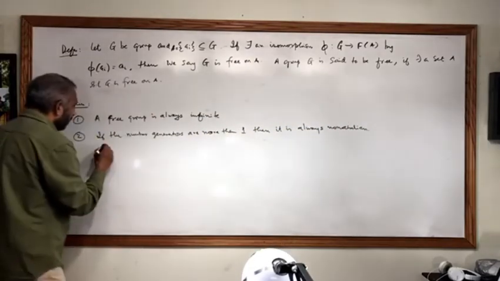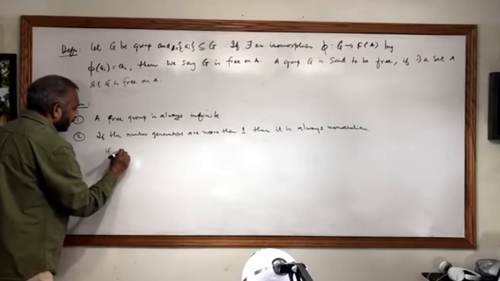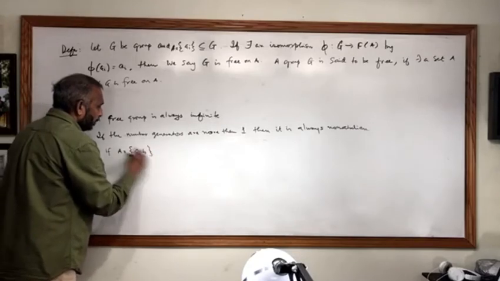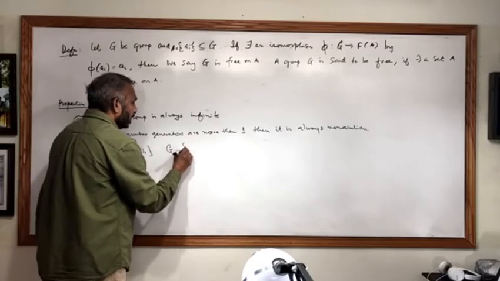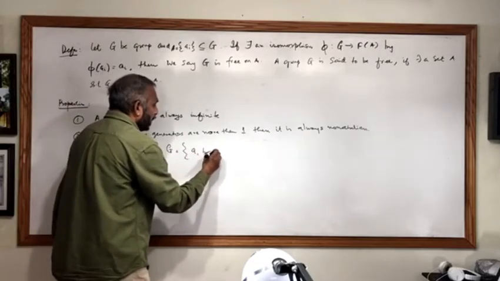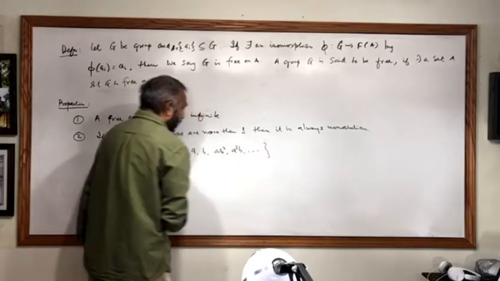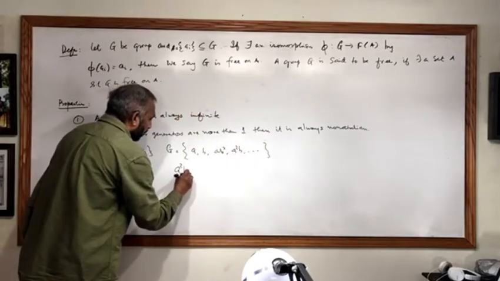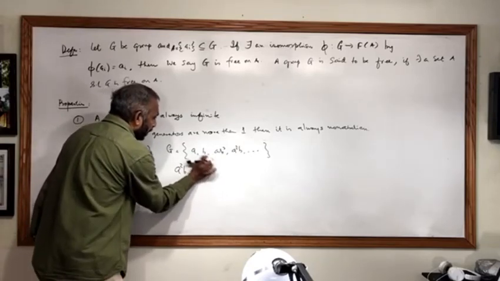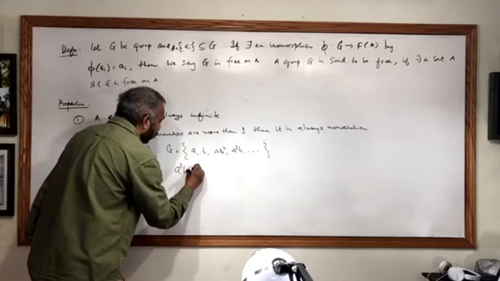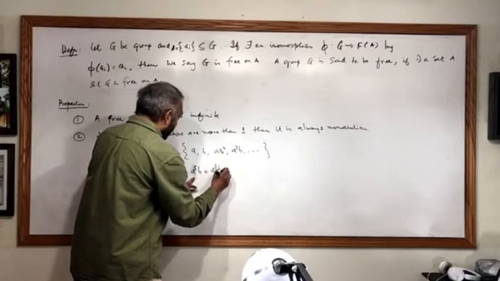Why? Because if A is equal to, let us say, {a, b}, then G contains elements of the form ab^2, a^2b, etc. And if you multiply a^2b times a^3b, that is actually equal to a^3b times a^2.